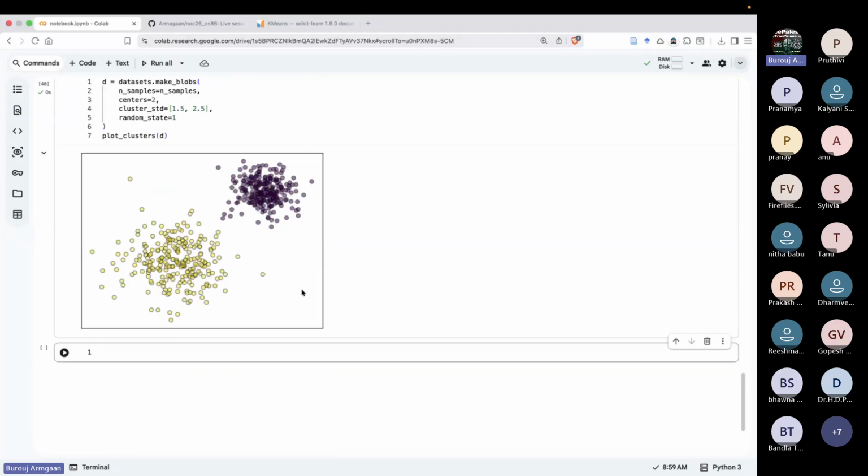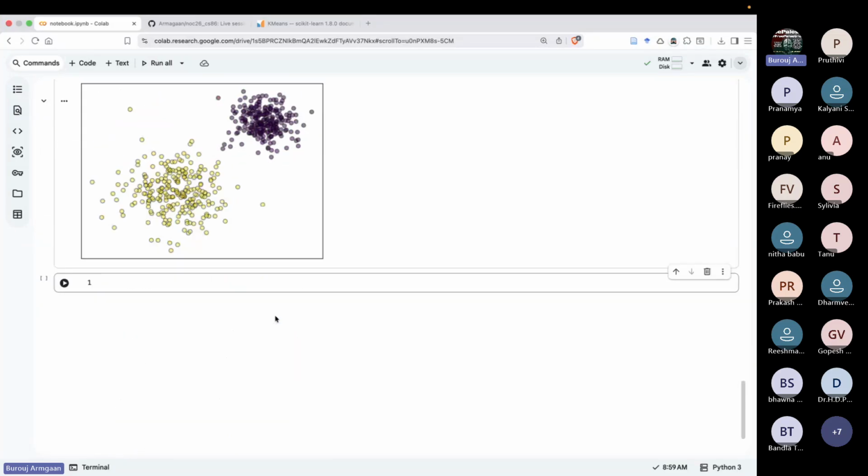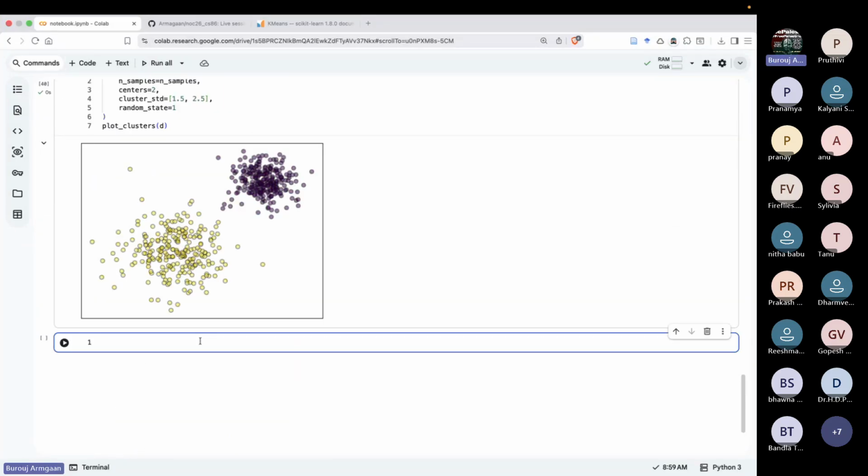Okay, so let's try k-means and see what we expect. We expect, because k-means works on globular data sets, this is a globular data set, this is a globular data set, and we know that there are two clusters. So let's see what happens.